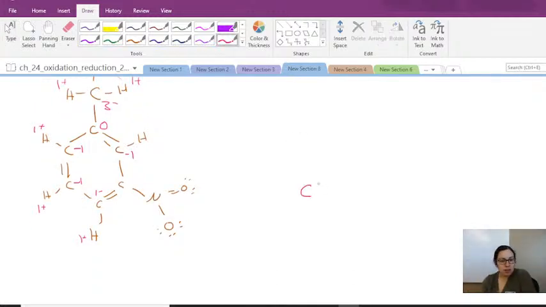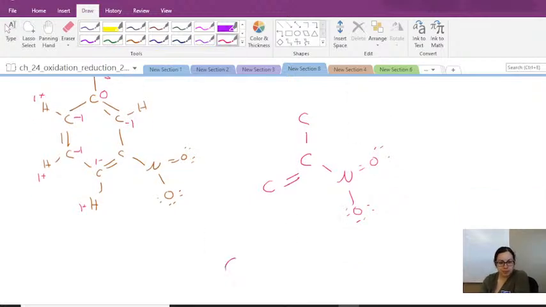So I'll just draw this part. So we have a carbon, another carbon, and of course also our nitrogen. So starting with this, we do our analysis, we can take our carbon, of course it gets 1 from there, 2 from our double bond, but then which one's more electronegative, carbon or nitrogen?